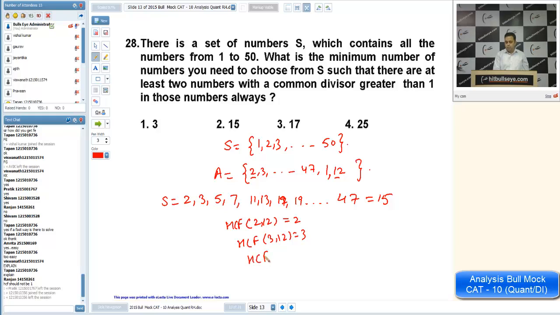HCF of 4 and 12 is equal to 4. That means if you take any other number, you will have at least one pair in which the HCF is greater than 1. That means the total will be the 15 primes plus 1 any other number. So there are minimum 17 numbers which you will require.